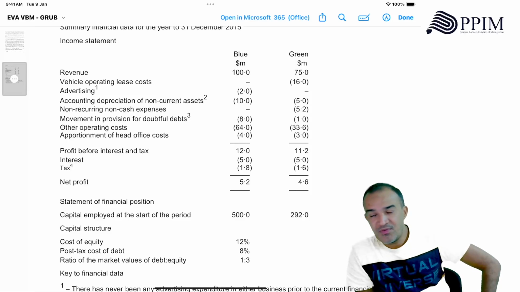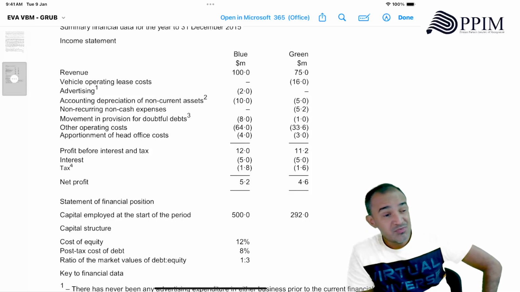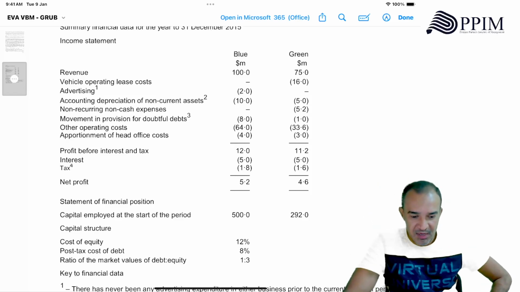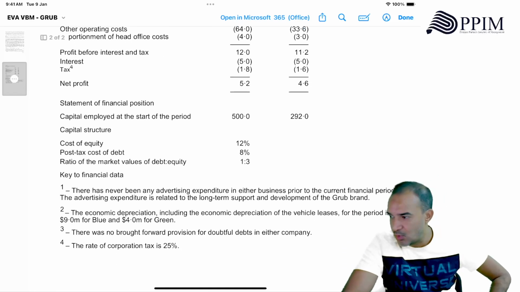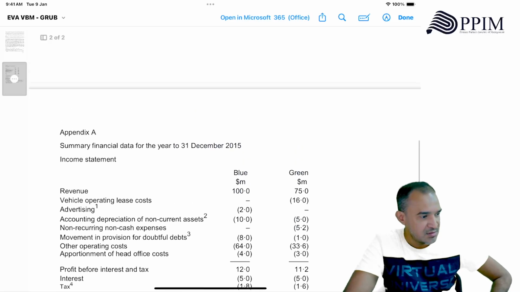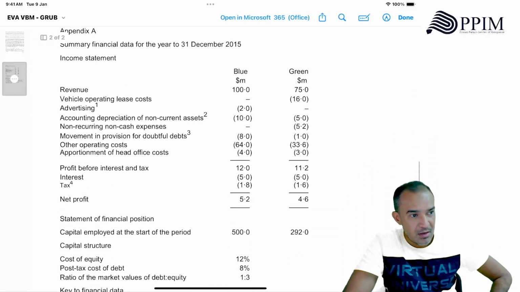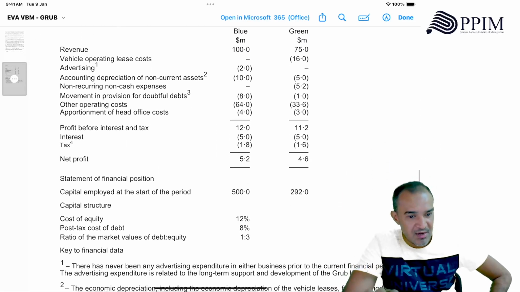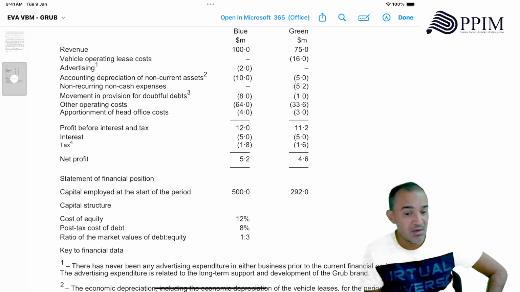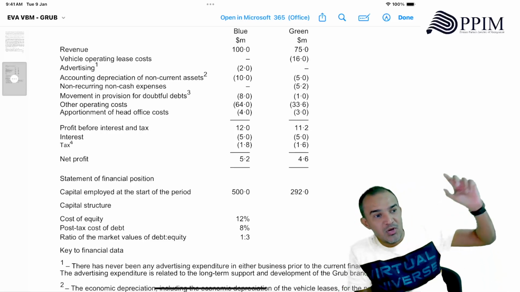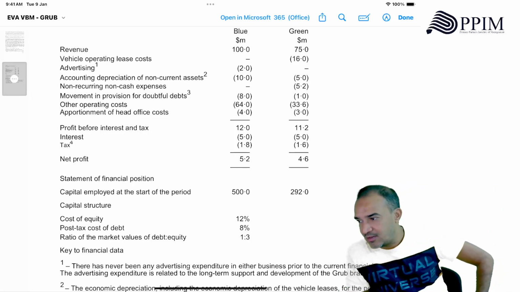So our operating profit should be 12 plus 4, 16. Yeah, accounting and economic depreciation, that we anyway have to adjust later, the plus and minus. All that we can adjust later, but this apportionment of head office has to be added to the operating profit at the start.